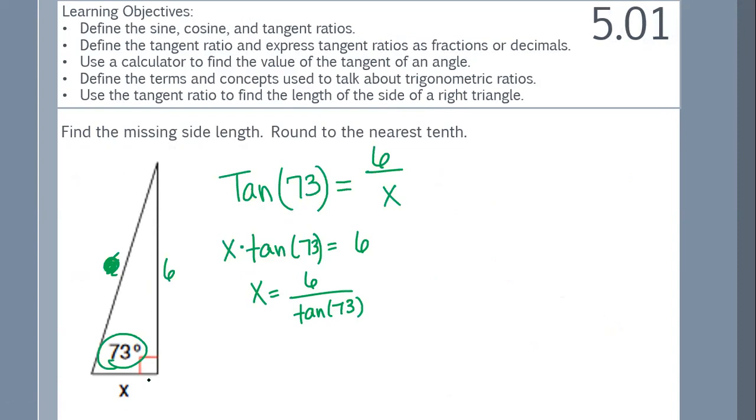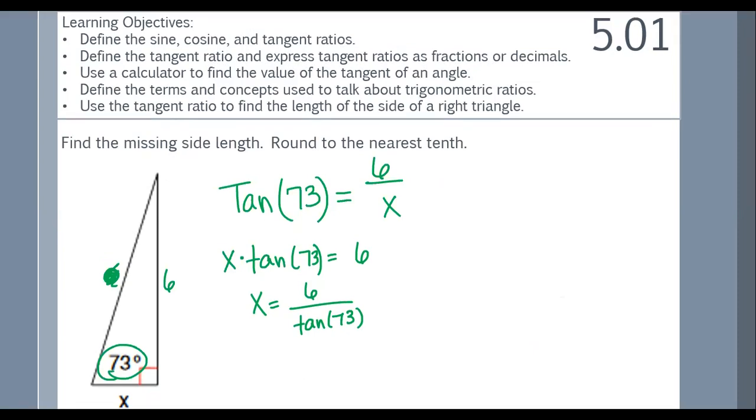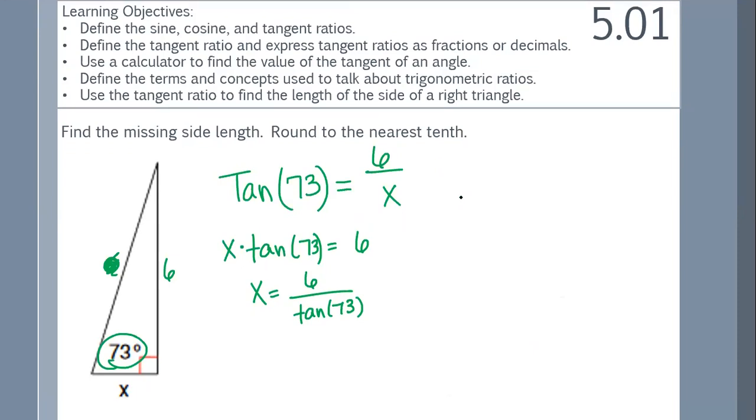Now, what I suggest you do is put this in your calculator exactly as is. Okay, there is a trick to this, however. You first need to make sure that your calculator is in degrees. So what you do is on your TI 80, whatever, 84, 83 calculator, you're going to go to mode, which is next to the second button.